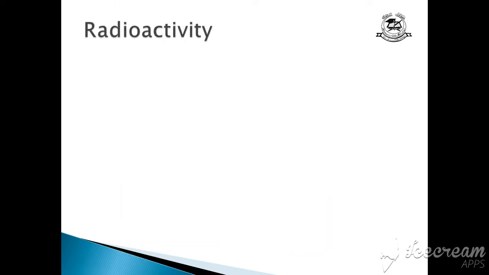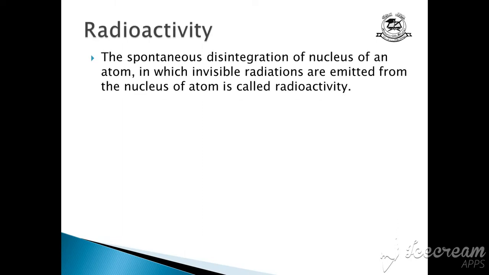Next is radioactivity. Do you remember in which branch of chemistry we studied radioactivity? In the first chapter we did branches of chemistry. It is related to the nucleus, nuclear chemistry. The spontaneous disintegration of the nucleus of an atom in which invisible radiations are emitted from the nucleus of the atom is called radioactivity.